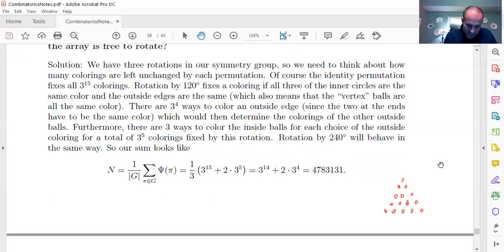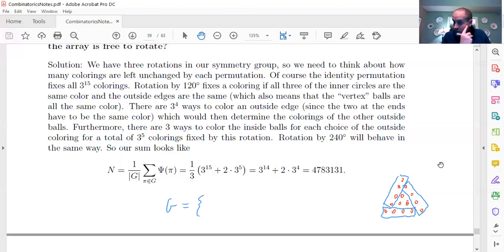Okay. And remember, we were thinking about things the following way. We were looking at this block of 4 balls and this block of 4 balls right here, and this block of 4 balls right here. And we were thinking about these 3 balls in the middle rotating, okay? So G itself was equal to what?